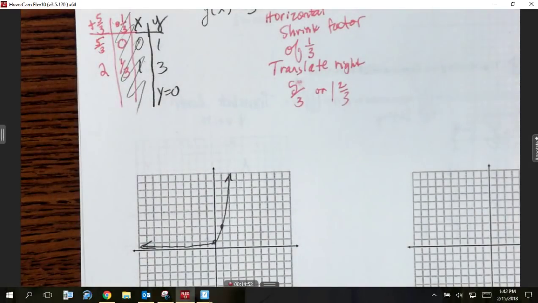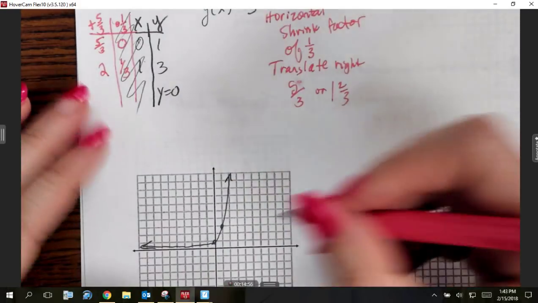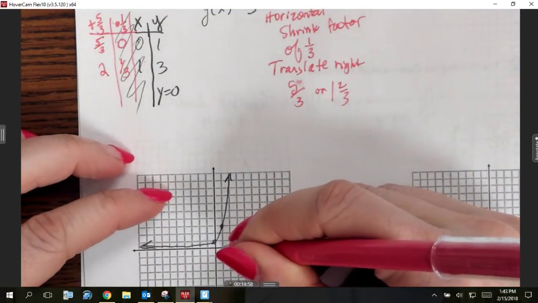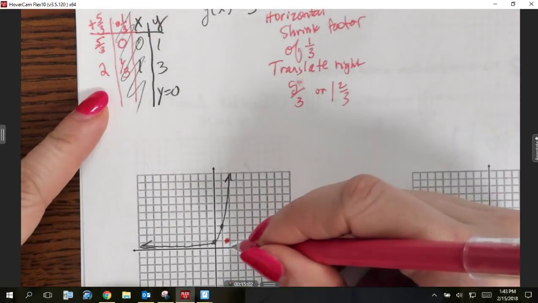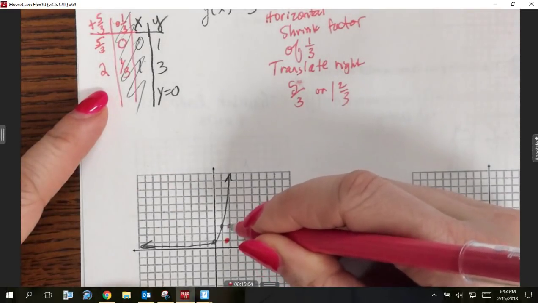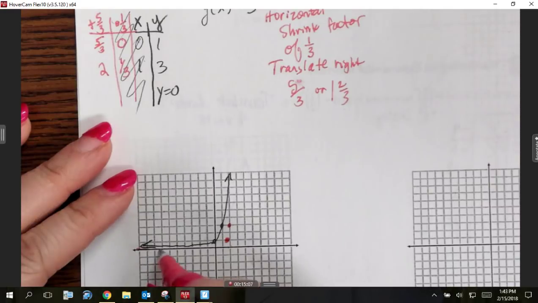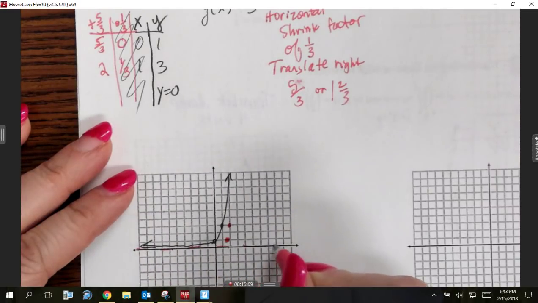So you've got the outermost x's and the outermost y's. So we'll have 5/3, which is 1 and 2/3, up 1, and then 2, up 3. And we have the same asymptote at y equals 0.